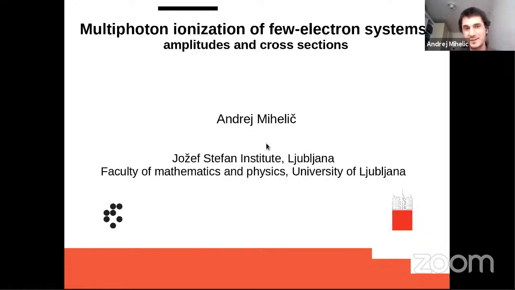So thank you. I'm going to talk about the calculation of multi-photon ionization amplitudes and cross-sections. Or more specifically, I'm going to present a method that we have devised for this purpose. Let me first say that this method has been developed in passing, so it is a sort of a byproduct that we managed to develop and is actually connected to our activities in this field.